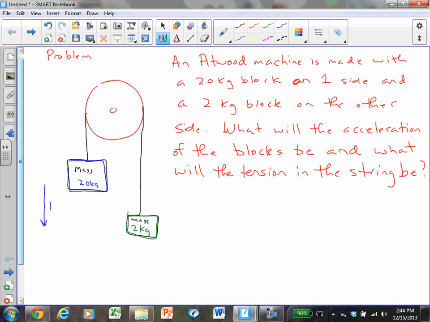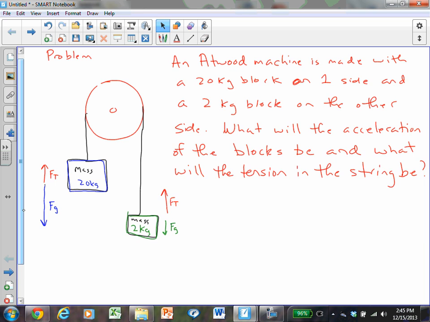But in the 20 kilogram, the Fg, the weight of that, is beating out the tension. So the Fg is the winner. And in the other one, the same Ft, but this time, it's beating Fg, going down.